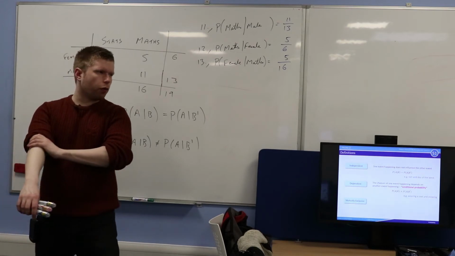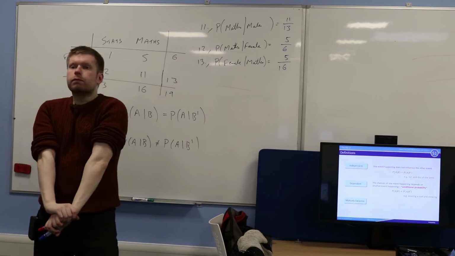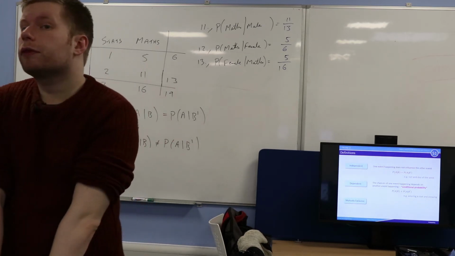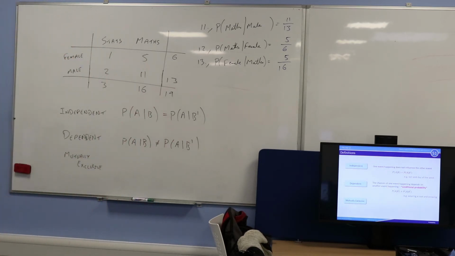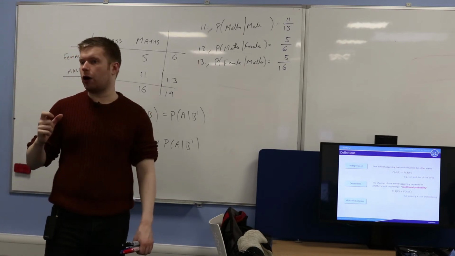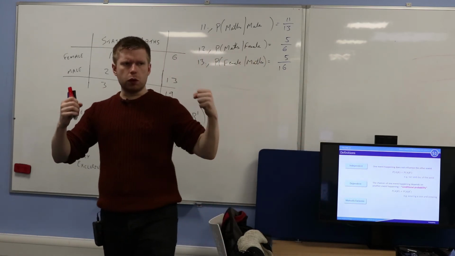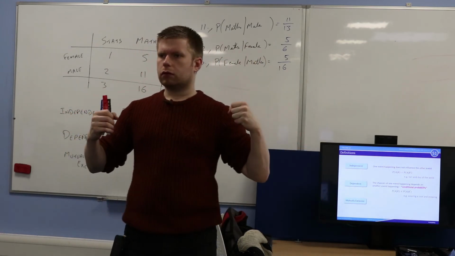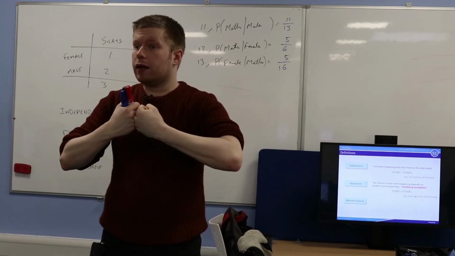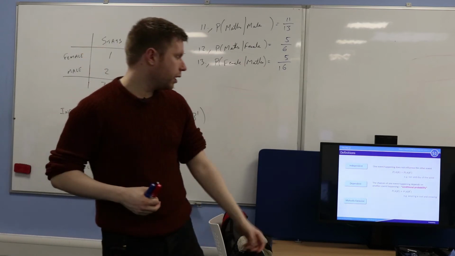Did anybody come up with a definition of mutually exclusive? I think this is the hardest one on there. Absolutely right. So it's two things cannot happen at the same time. The clue is kind of in the name. What does mutual mean? It means together, right? Like you're mutual friends, it means you're friends together.